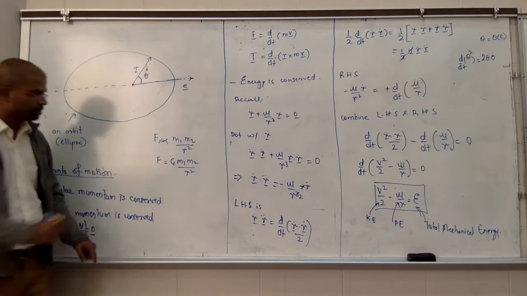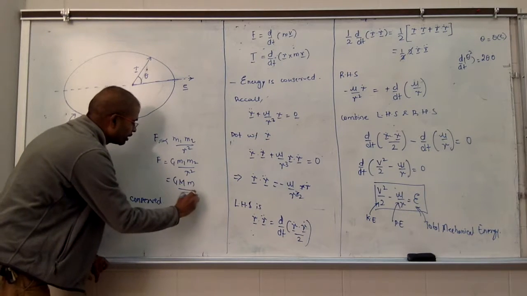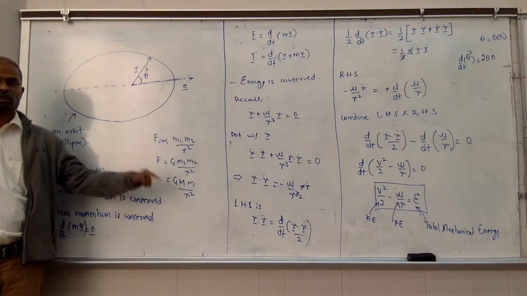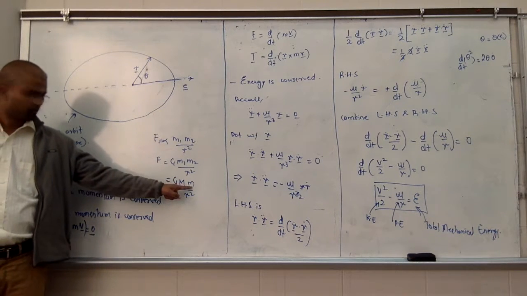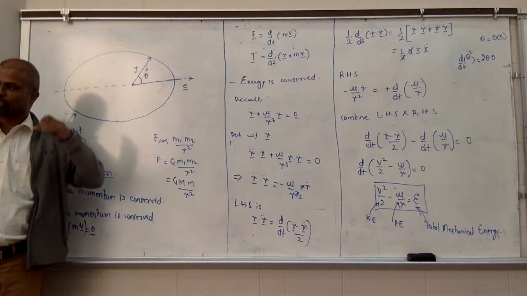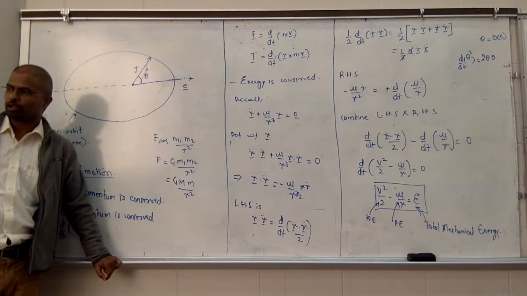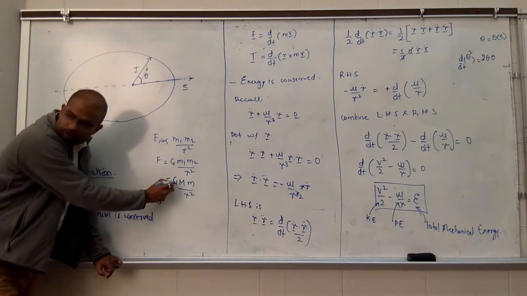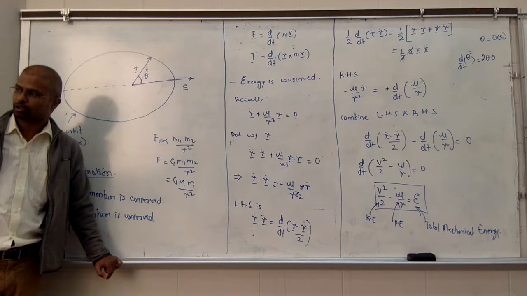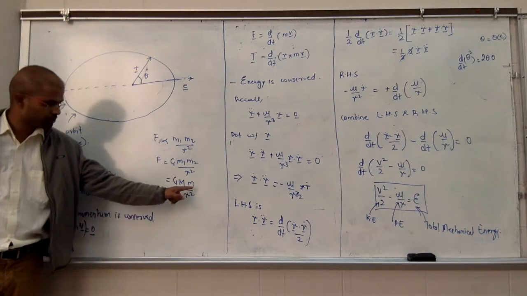For a given center, this can be written as G capital M small m divided by R square, right? Capital M is the mass of the larger body. Small m is the mass of the smaller body, and this R square is the relative distance between them. For a given central body, G is constant, M is constant. If you're talking about Earth and any number of objects orbiting Earth, the G and M are constant. Only the small m is variable.